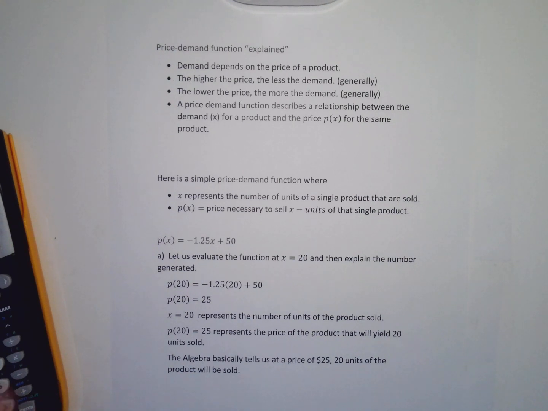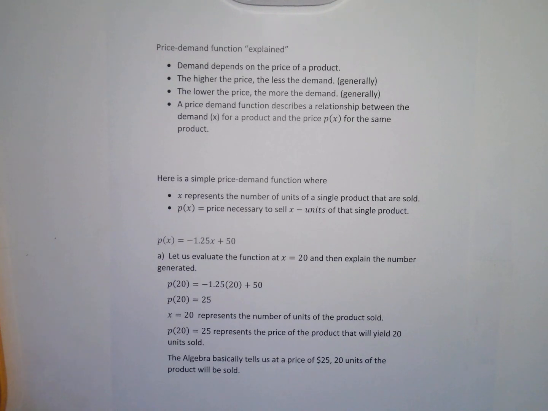Mathematicians, statisticians, or economists could come up with functions that can predict. If you tell me what the price of the item is going to be, I can predict how many you're going to sell. Conversely, if you tell me how many you want to sell, I can tell you what I need the price to be. This is what the price demand function is. If you tell me how many you want to sell, I can tell you what the price needs to be.